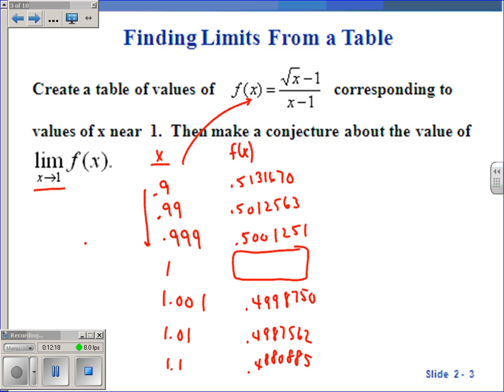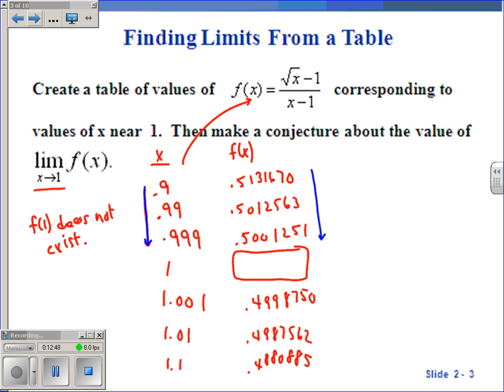Now I'm trying to find this value. Notice if I put x equal to 1 into that equation, I get 0 over 0, which is undefined. So f of 1 does not exist. But I do want to find out what the limit is, if it exists. So what I'm going to do is look at the values in my table. As x is getting closer to 1, what are the y values getting close to?